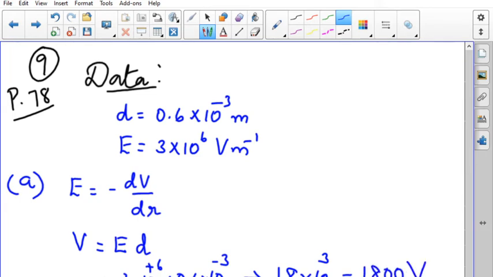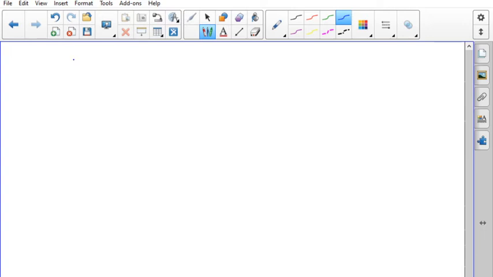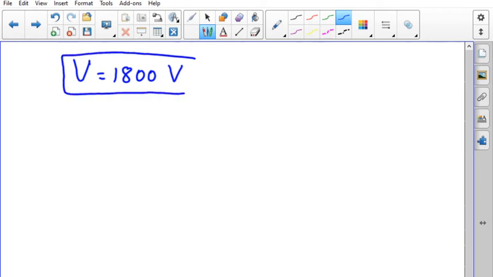So this is the potential difference. So V is equal to 1800 volt. This is the answer for the first question.